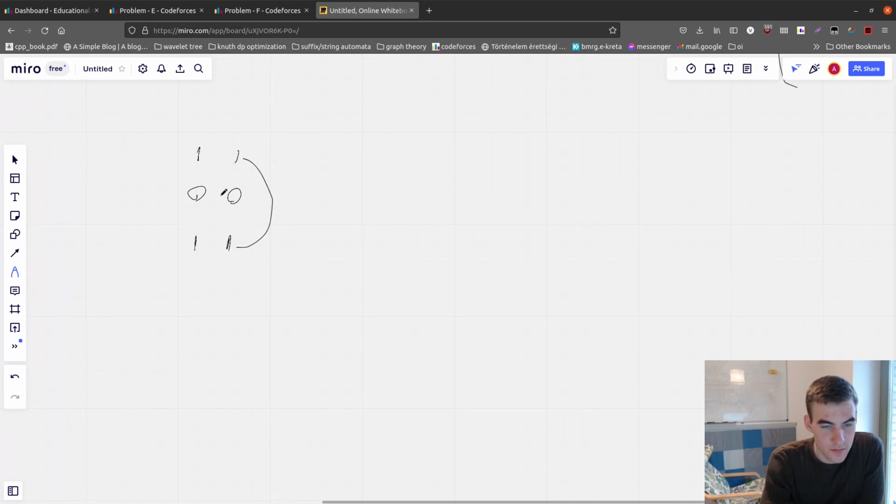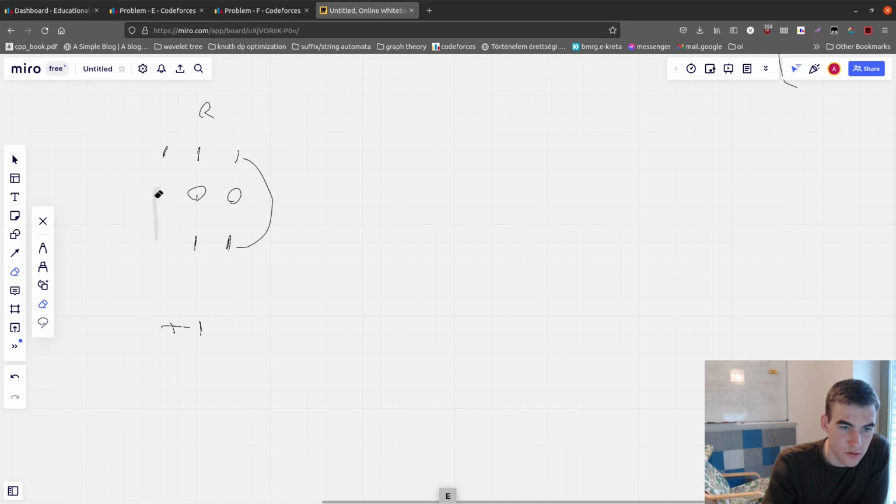If the latest bridge in these two is after R, so it's somewhere here, then I add 1. If the latest bridge between these two components, if these two aren't in the same component, then I don't add anything.